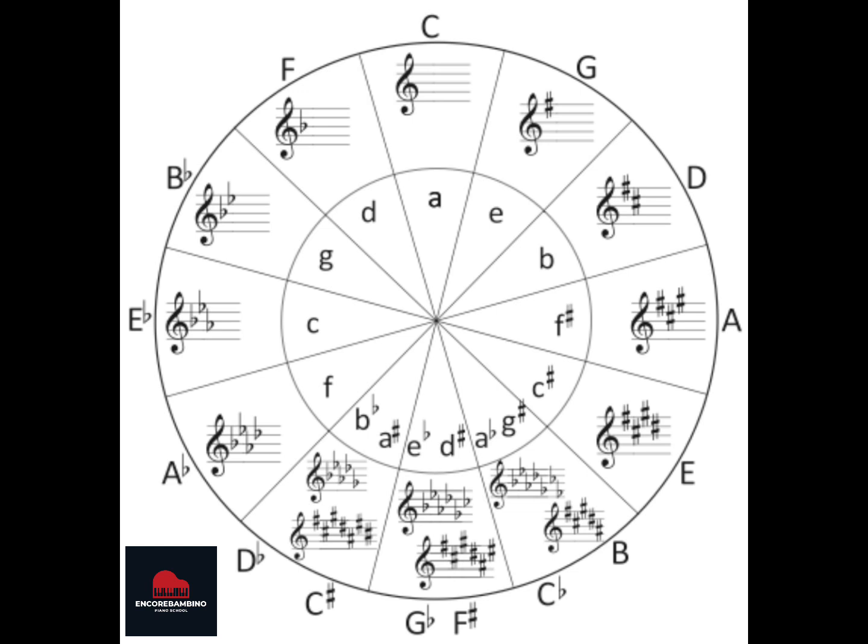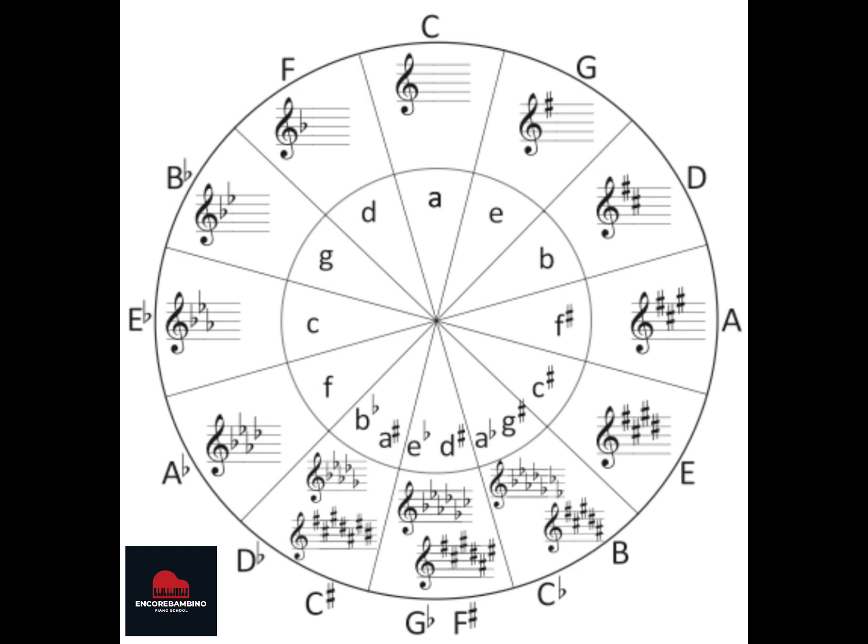All right, looking at the circle of fifths, we see 2 circles of letters. The outer circle of letters stands for the major keys, and the inner circle of letters stands for the relative minor keys.